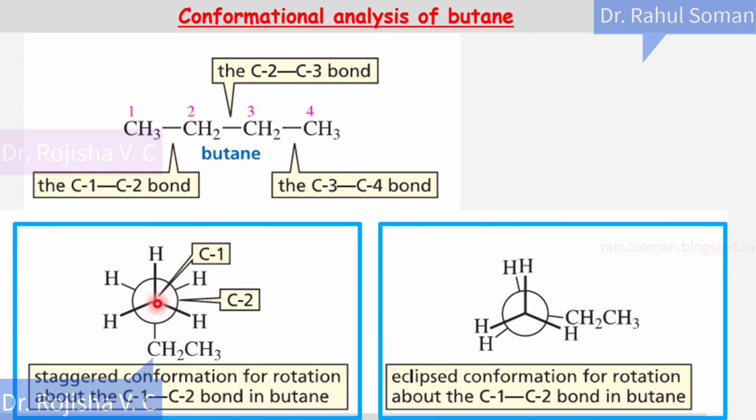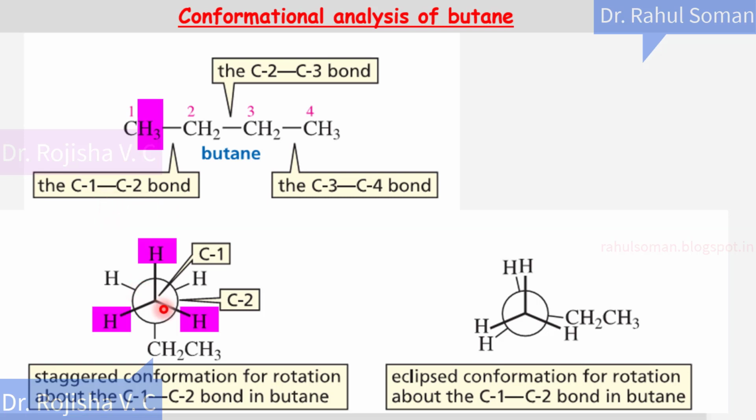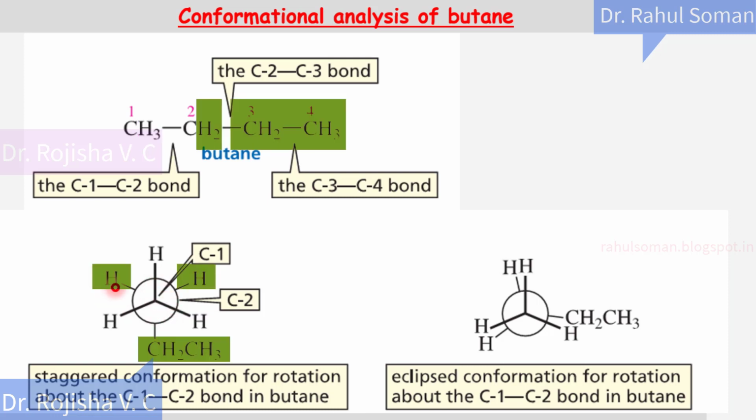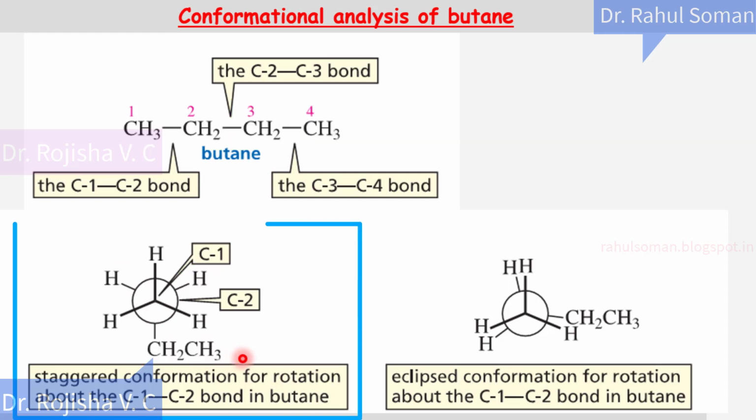In this case, there are 2 conformations possible for the C1 to C2 bond. If you look through the C1-C2 bond, the first carbon has 3 hydrogens, and the second carbon has 2 hydrogens and 1 ethyl group, C2H5. This is the staggered conformation, where the ethyl and hydrogen are anti or opposite to each other.